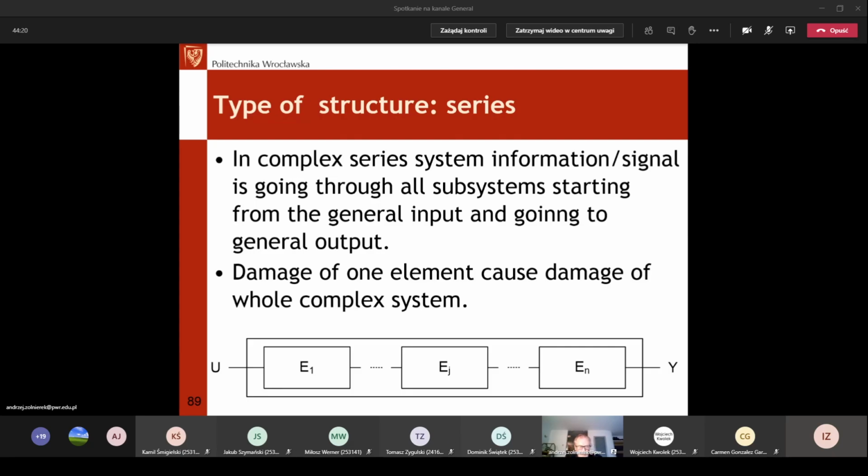In that case, we can see this connection as at the bottom of this slide.